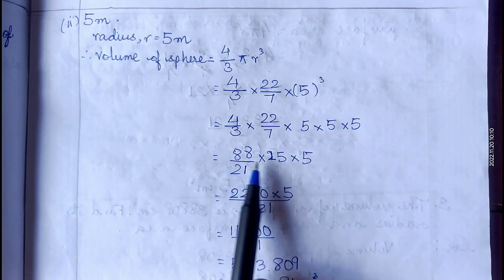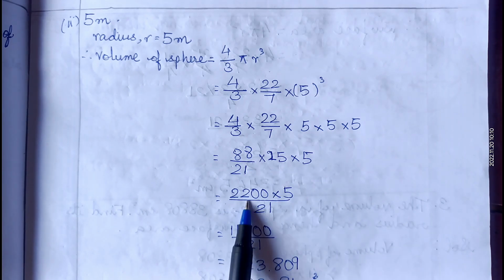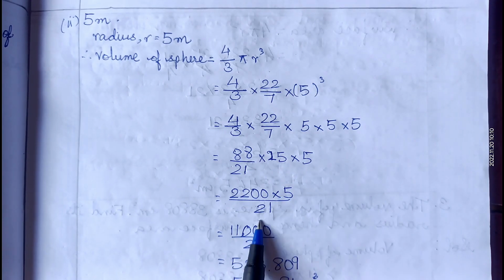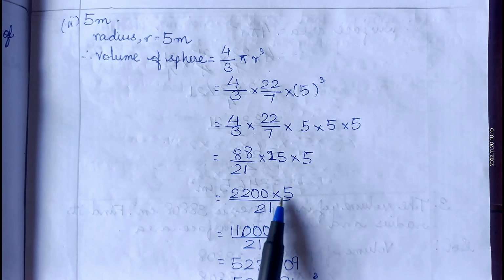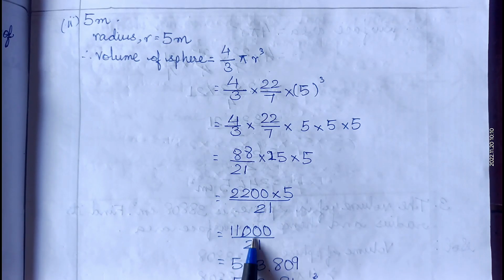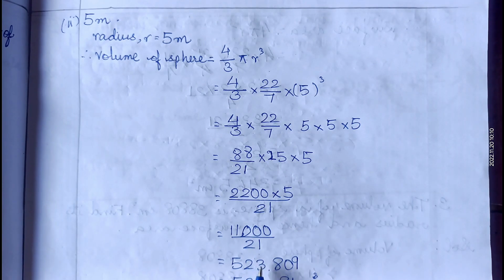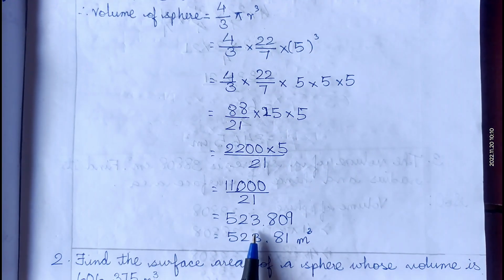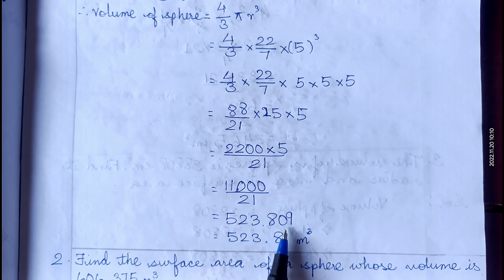If you multiply 88 into 25, it will give 2200 into 5 divided by 21. Since it cannot be cancelled, so we multiply 2200 into 5, it will give 11,000 by 21. And if you divide, it will be 523.809. After rounding off, it will become 523.81 meter cube. And this is the required volume.